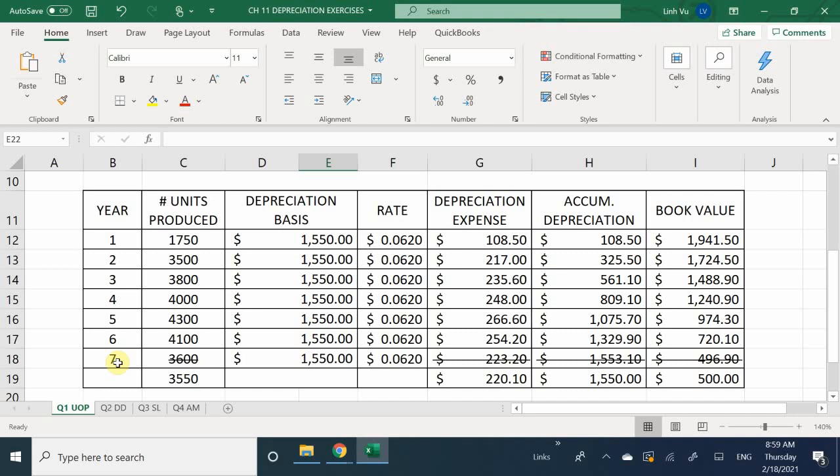Even though it's gone through the majority of its life, in this case its life ended a lot shorter, but it still produced 25,000 units. So the rule must still stand that you can never fall below salvage value. Book value can never fall below salvage value.